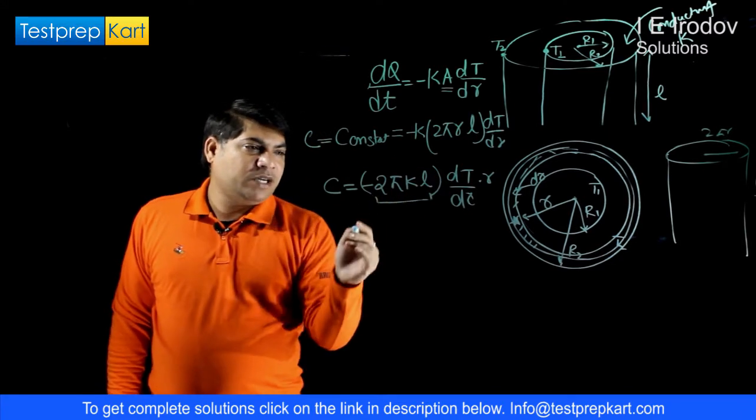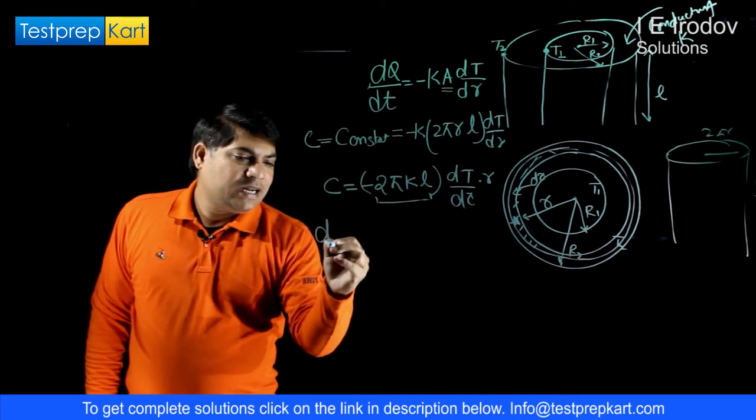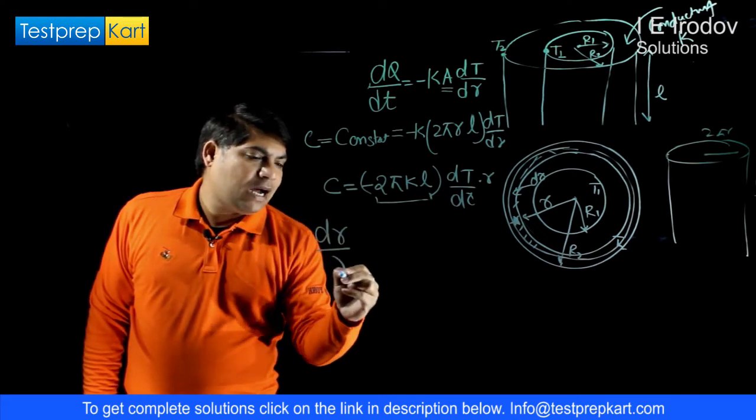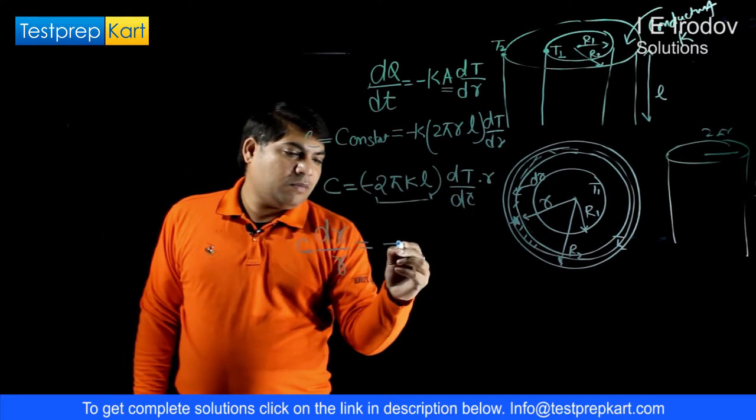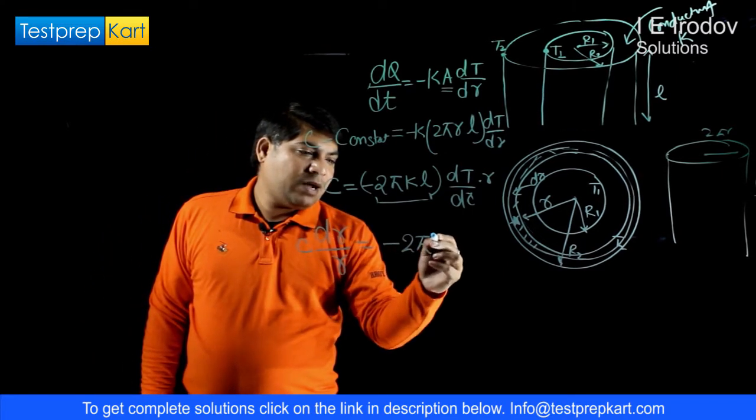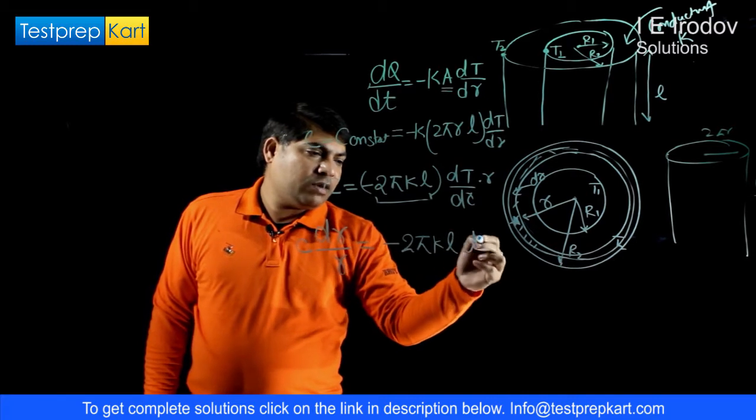So let's continue with it. We can write C dr over r is equal to minus 2 pi K L dT.